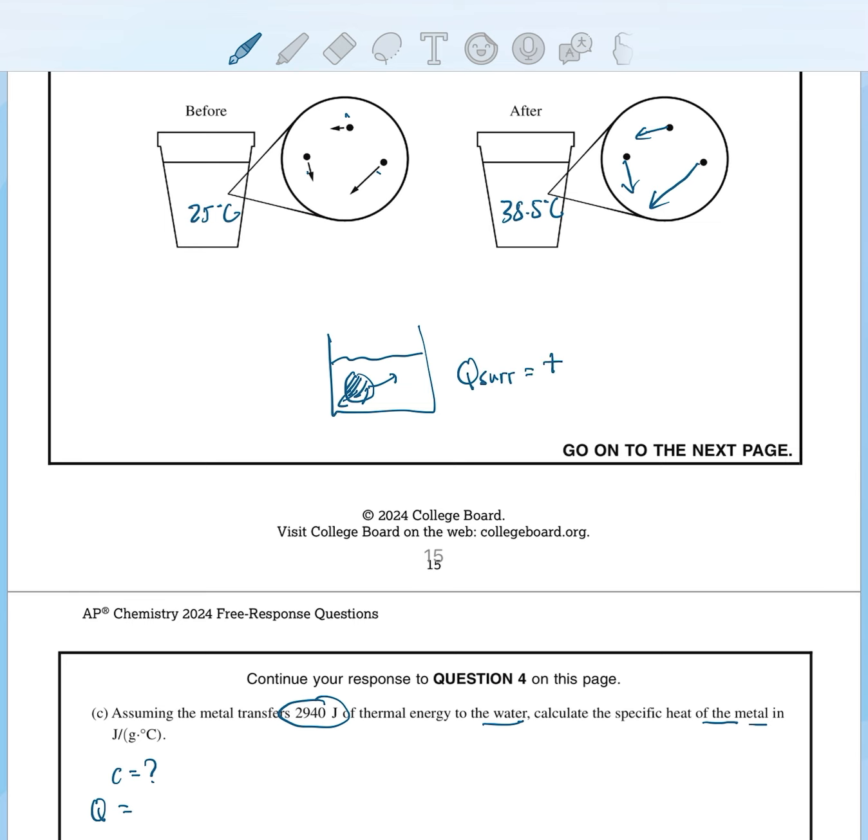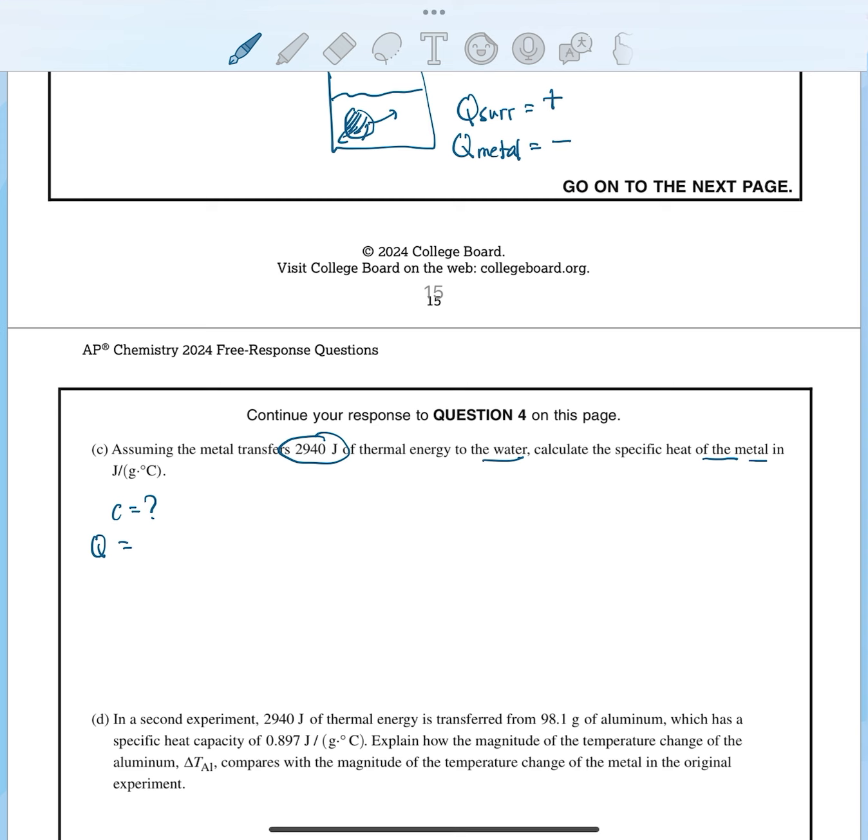Q of the metal, which is the system, has to be negative because of the law of conservation of energy, the transfer of energy from one object to another. So Q in this question must be negative 2940 joules, because the water gained 2940 joules.